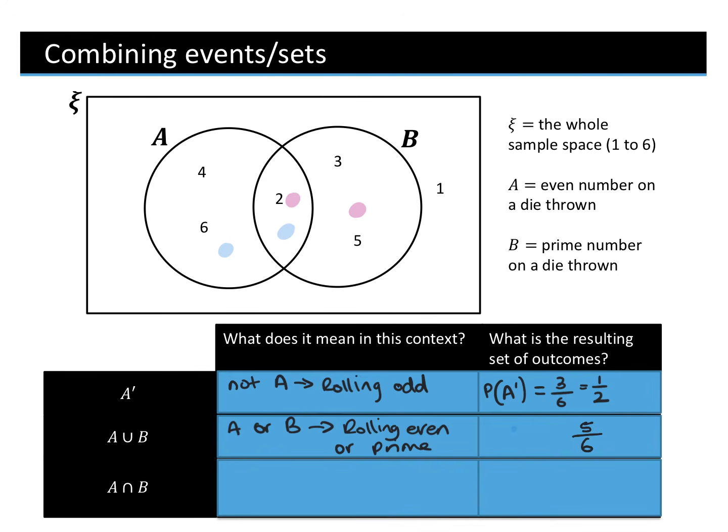Okay, now the intersection means A and B. The context of this means we want an even prime number. And we know there's only one even prime number in the whole world. And it's 2, which is 1 out of 6. And remember, when we're looking for the intersection, if you are colouring in your A's and your B's, we're looking at where they cross. Where do they both intersect? They both intersect in this section of this Venn diagram, okay?